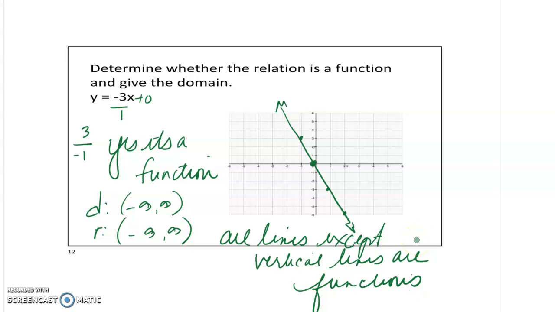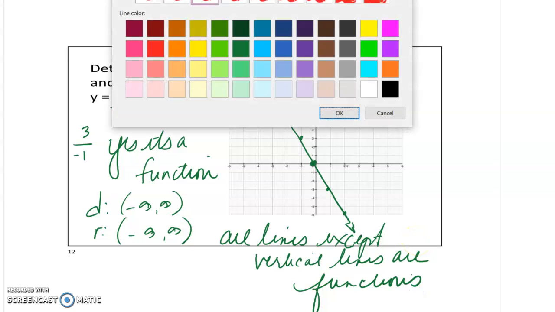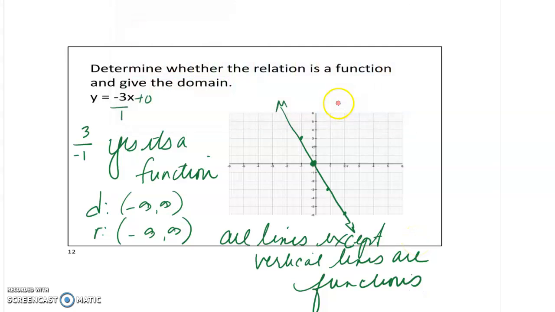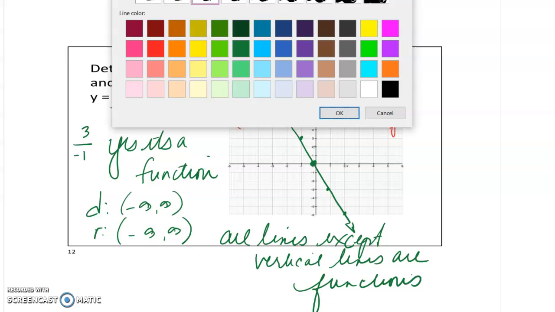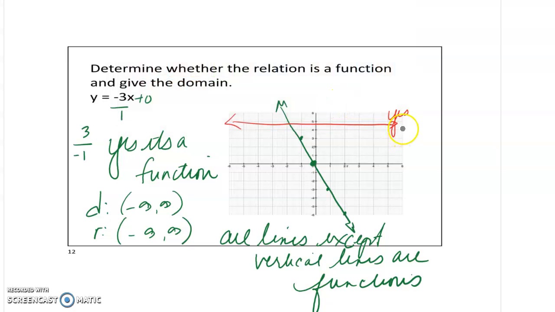If I drew a horizontal line, and I did my vertical line test, yes, this is a function. If I drew a vertical line, this would be not a function. So this is the only one out of straight lines that is not a function.